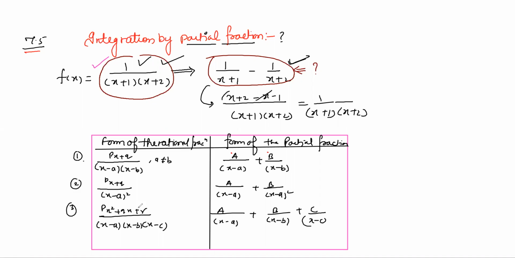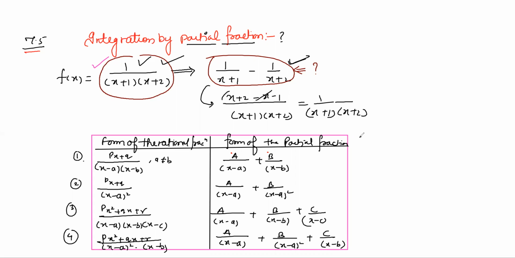One more. Suppose our variety is (px square plus qx plus r) upon (x minus a) whole square into (x minus b). So I can write it as A upon x minus a plus B upon (x minus a) whole square plus C upon x minus b.